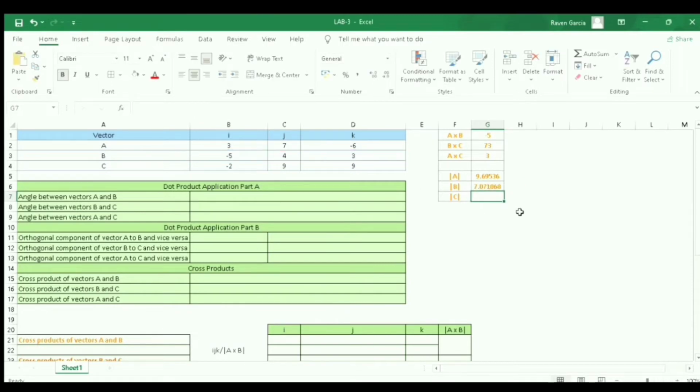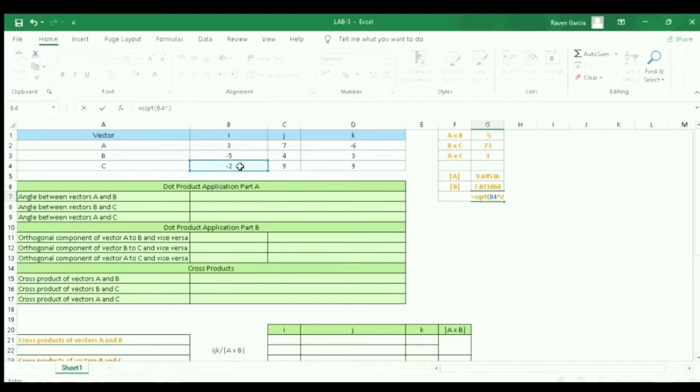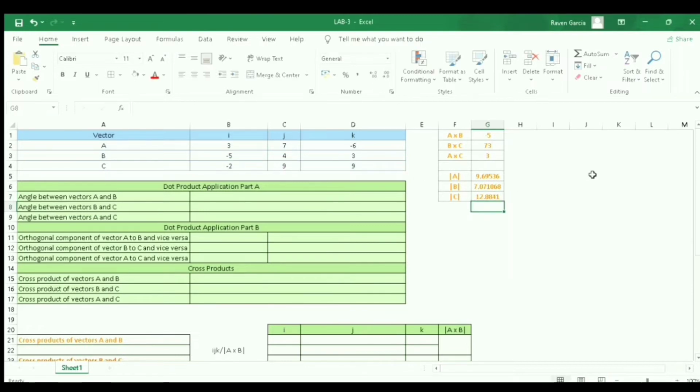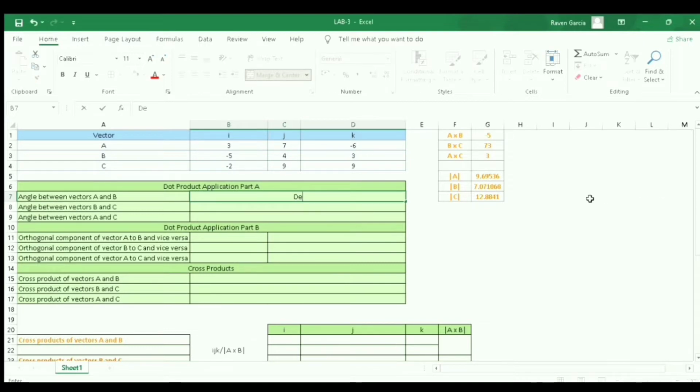The output is 7.071068. At row 7, column G, input the formula equals square root open parenthesis B4 squared plus C4 squared plus D4 squared close parenthesis. The output is 12.8841.